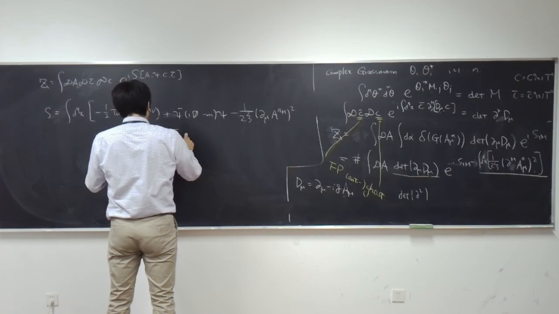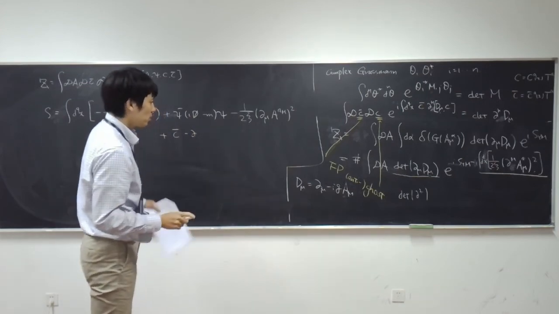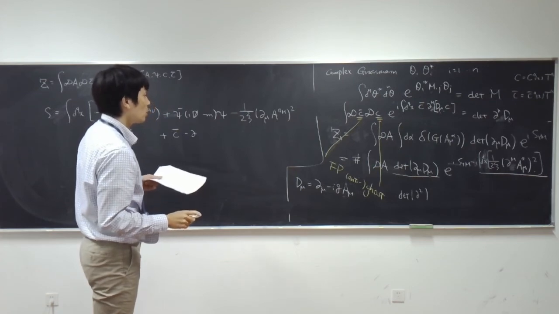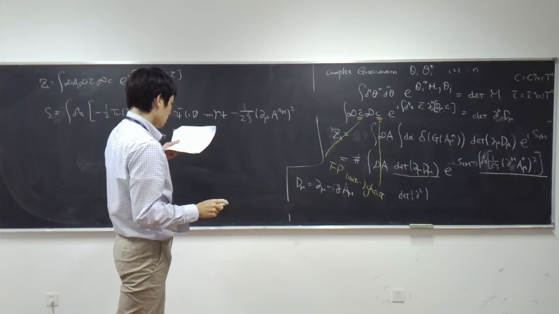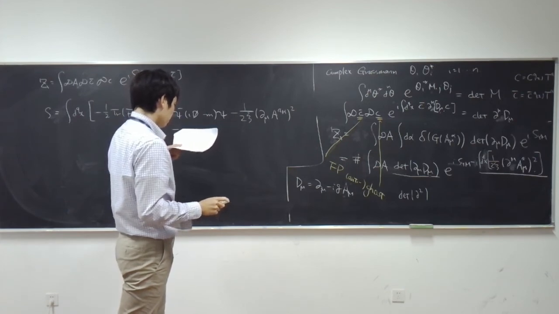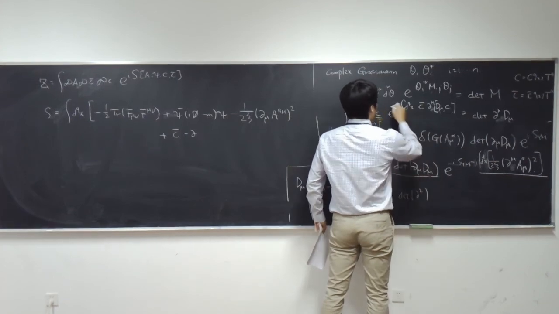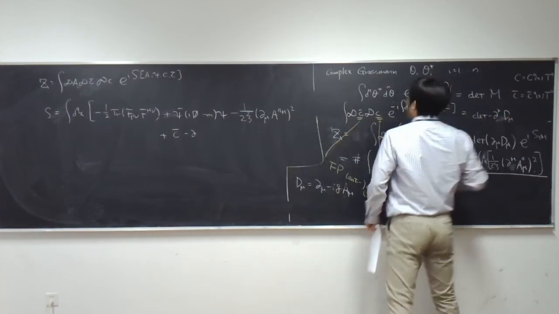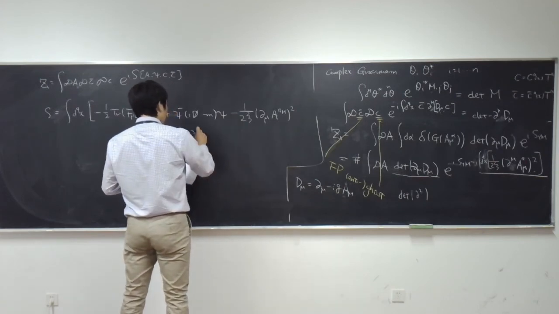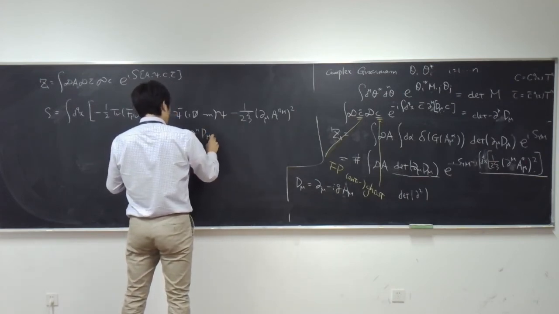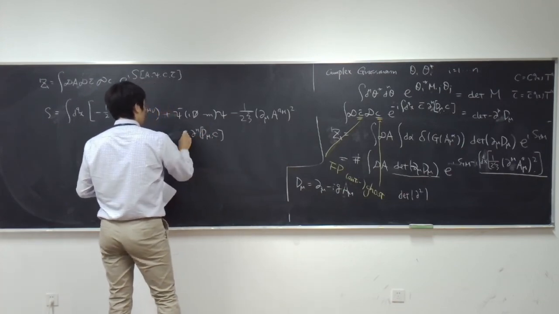c bar, minus partial mu. Oh, sorry, I think there must be minus signs missing here. Yeah, everything is missing a minus sign here. Minus partial mu D mu c acts on c, c bar.